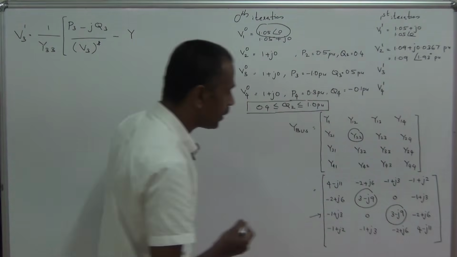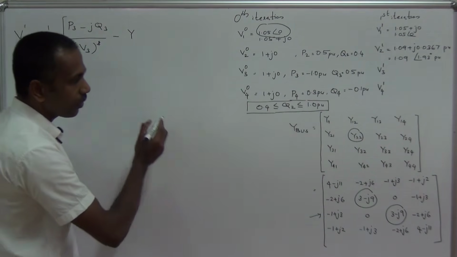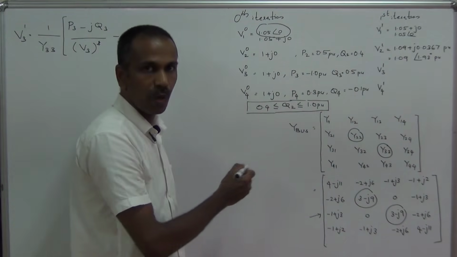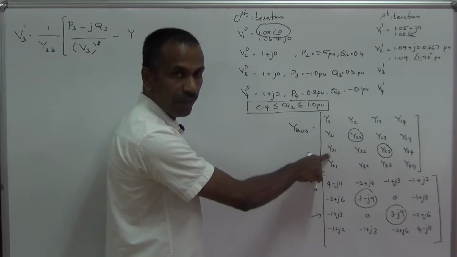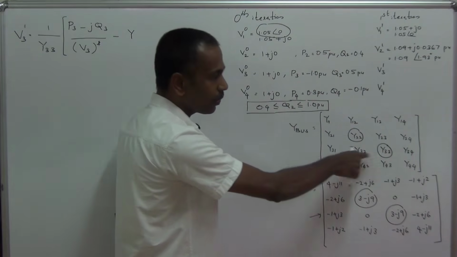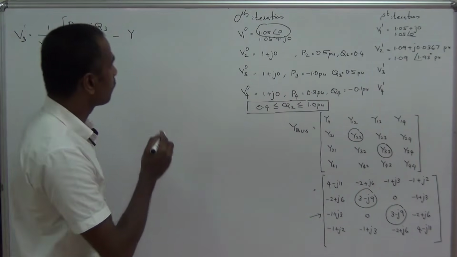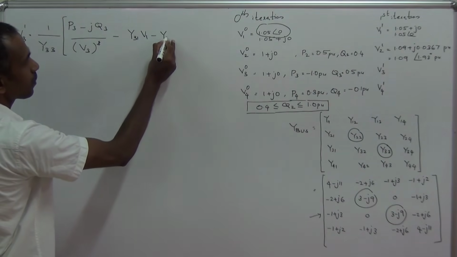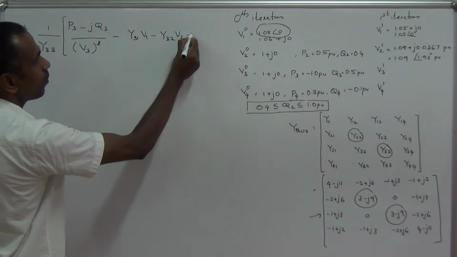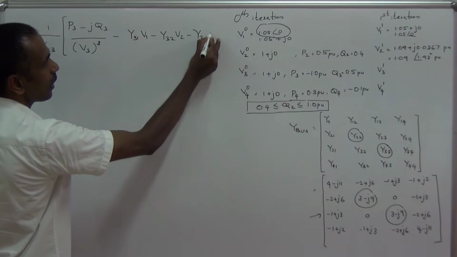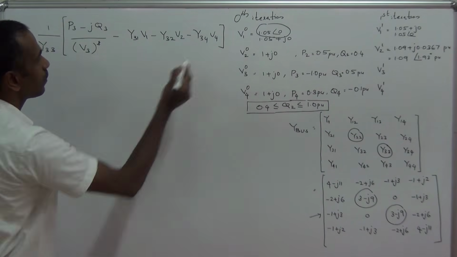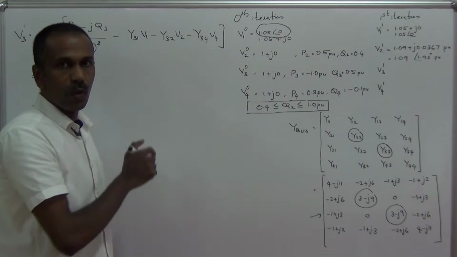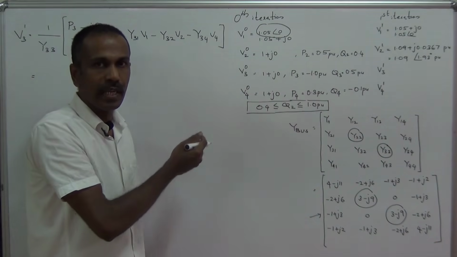This is our diagonal element. So which are the terms we consider? Except the diagonal element, all other elements: Y31 V1 minus Y32 V2 minus Y34 V4. So here when you write the voltages, you should write the updated voltages.